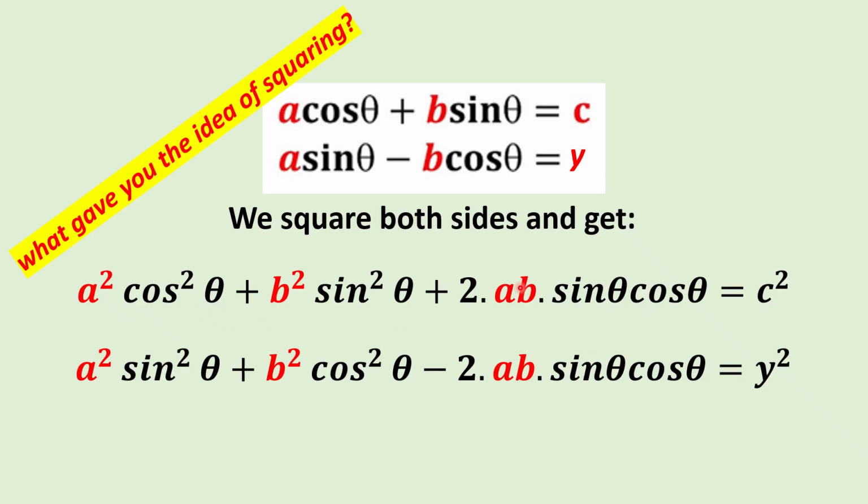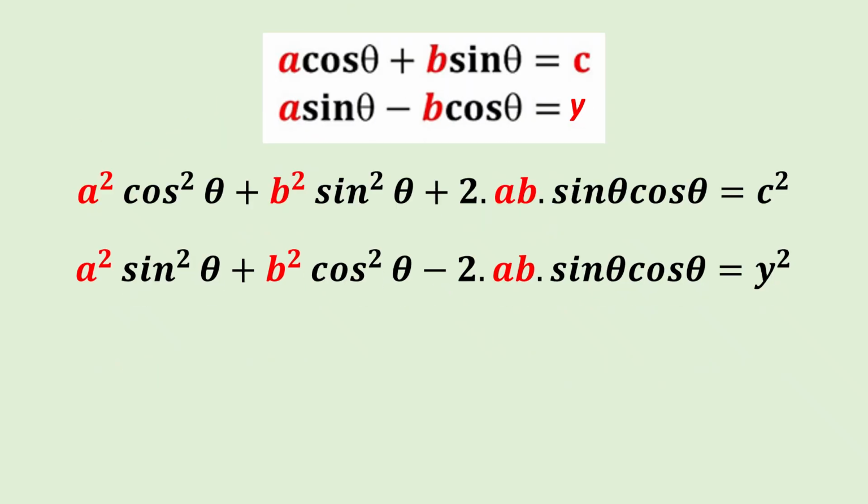So square the first line and the second line and write them down below one another, but at the end of the video at least the student should be able to tell you why the squaring, why did we need to square the expression. So we got this.